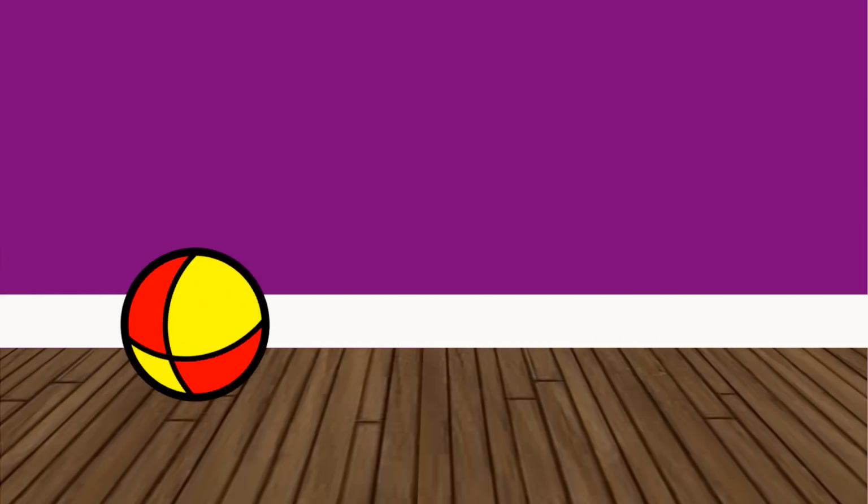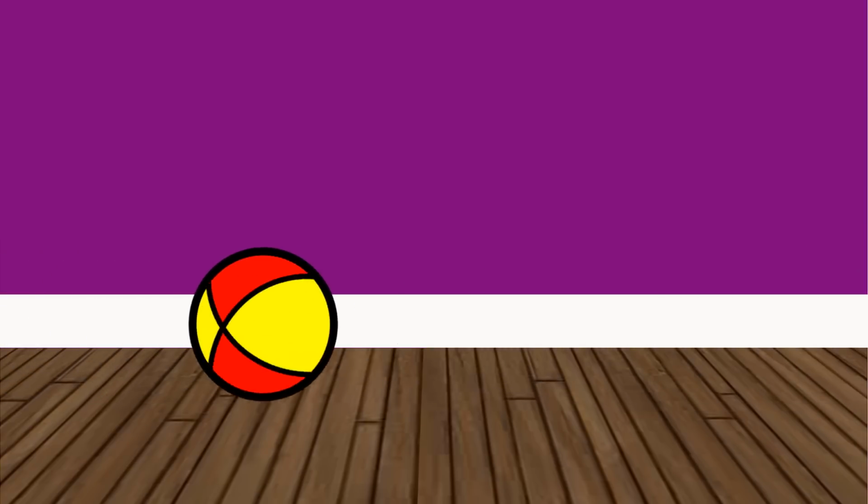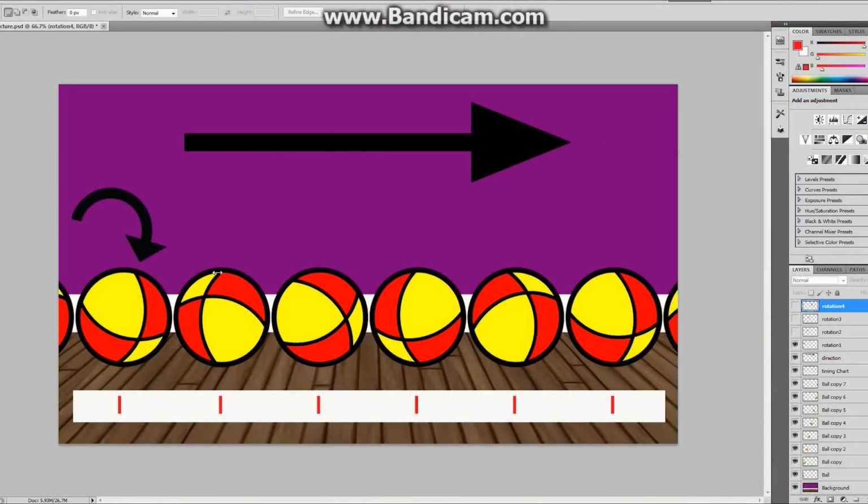Basically, once you have all of your drawings done, how you convert them into an actual animation may differ depending on what kind of package you're using. If you're using something like Photoshop, like I'm using here, or GIMP, or anything else, you're going to have to save out your individual frames.